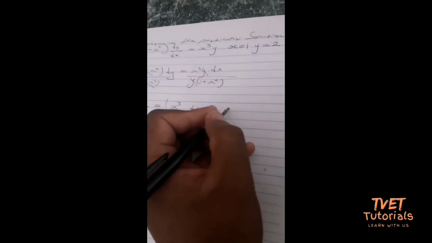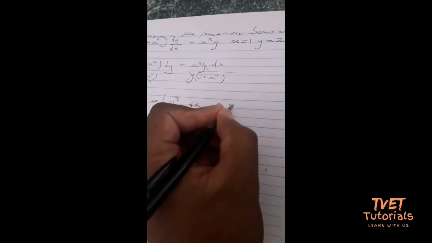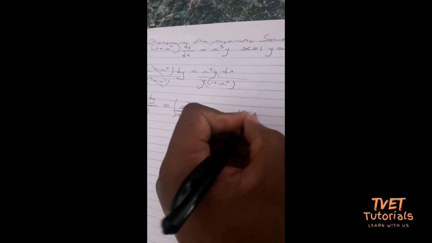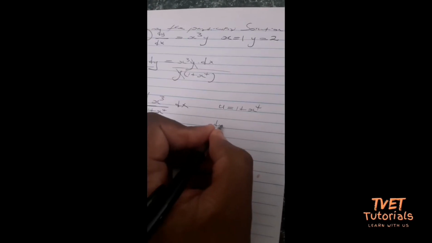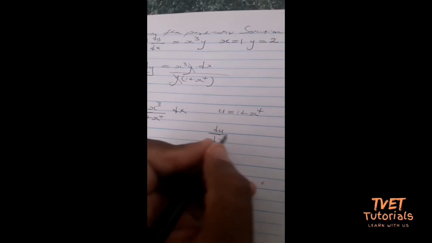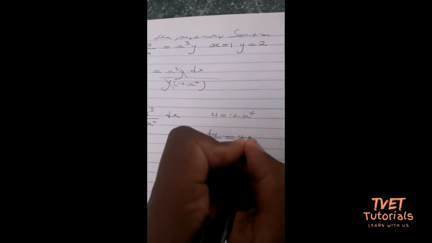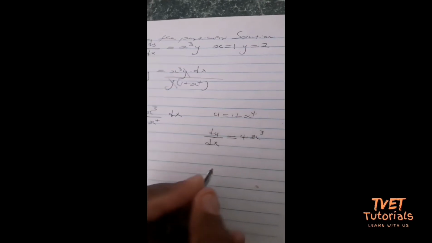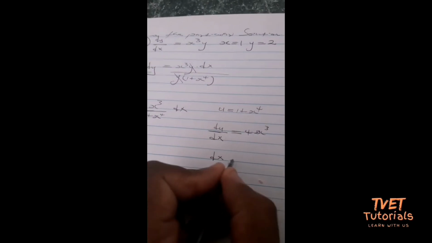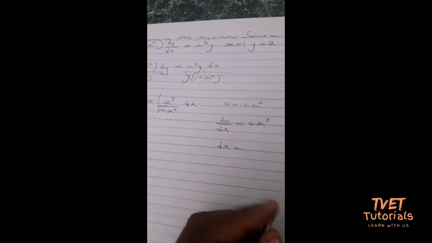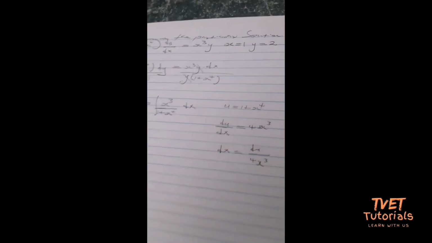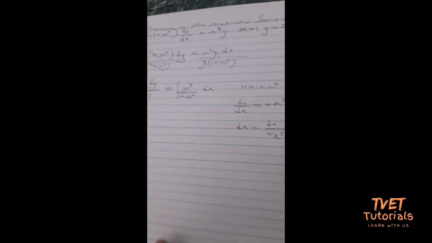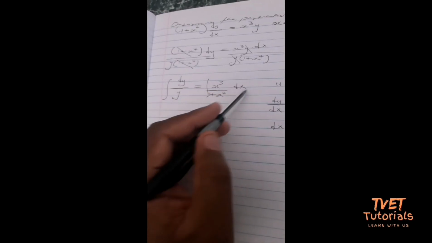We can make use of the algebraic substitution method, wherein I can say let u be 1 plus x raised to the power of 4, so that du/dx equals 4x exponent 3, then dx equals du all over 4x exponent 3. I'm going to go to that equation where I see dx and substitute dx with du all over 4x cubed.